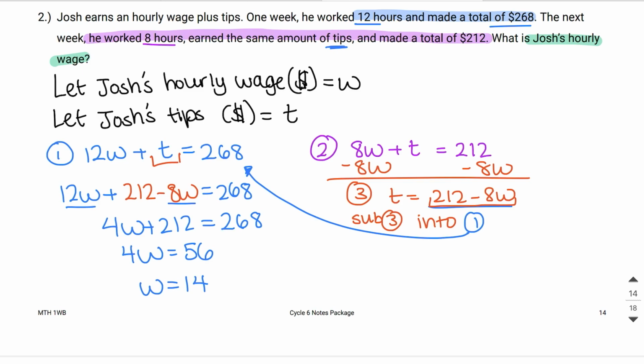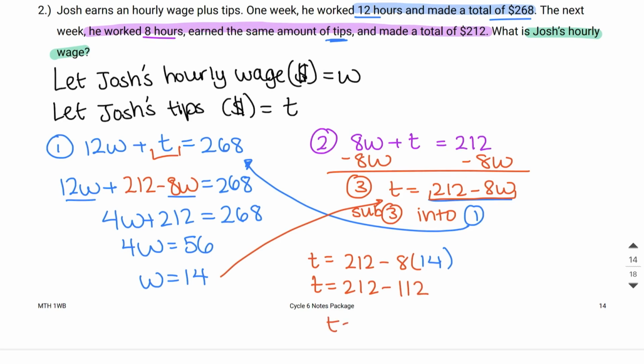Now I just need to find the tips, right? How much the tips were. So I can take this 14 and sub it into equation number 3. So T equals 212 minus 8 times W, which is 14. So here I would get 212 minus 112, and this would give me T equals 100.